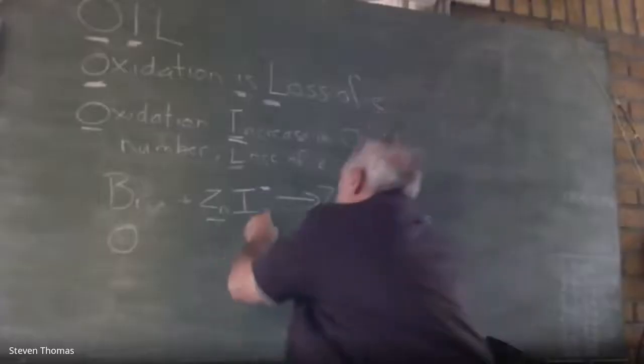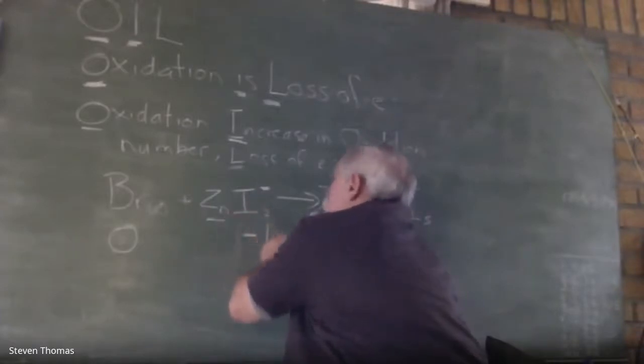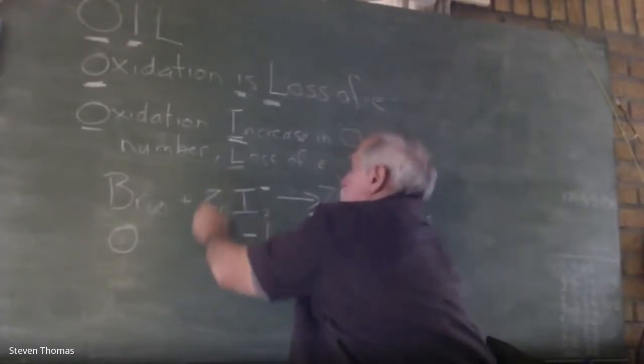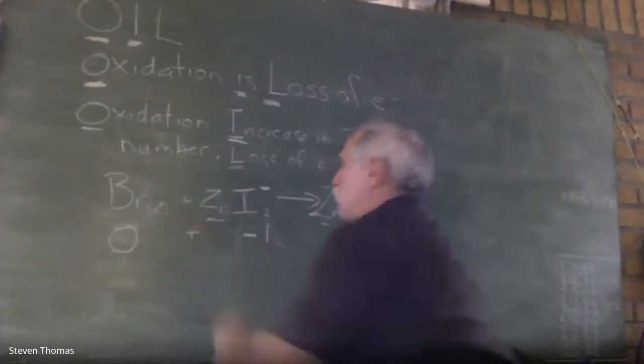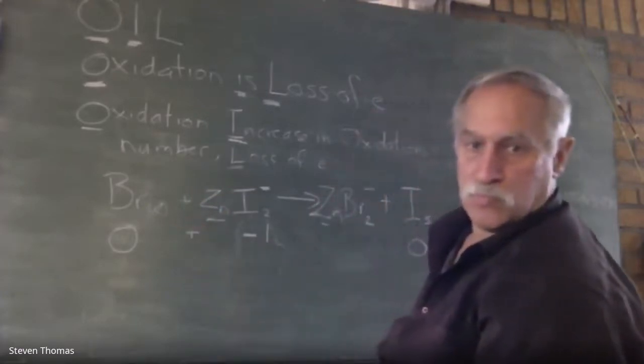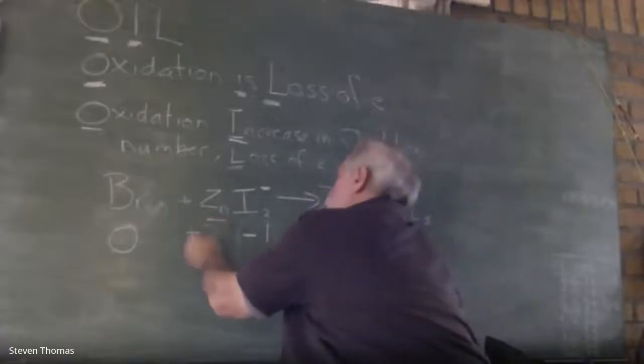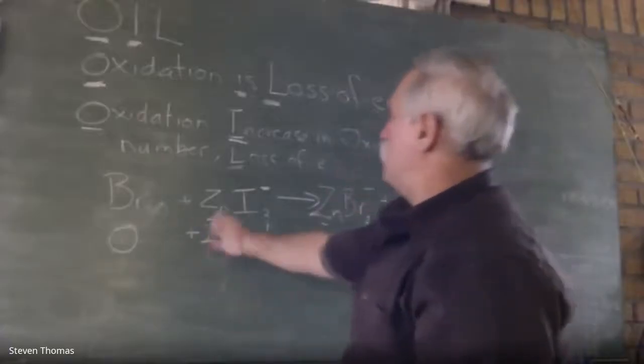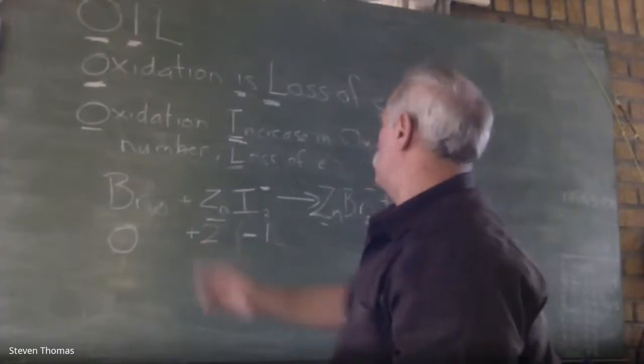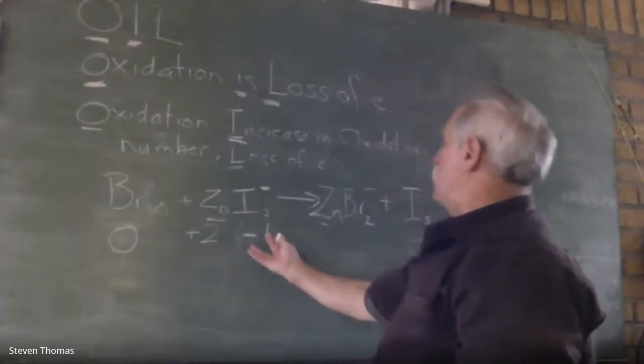Well done. And there's 2 of them, so what is the zinc to balance it out going to be? It's +2. Well done, you fantastic. So zinc starts out at +2, iodine starts out at -1.